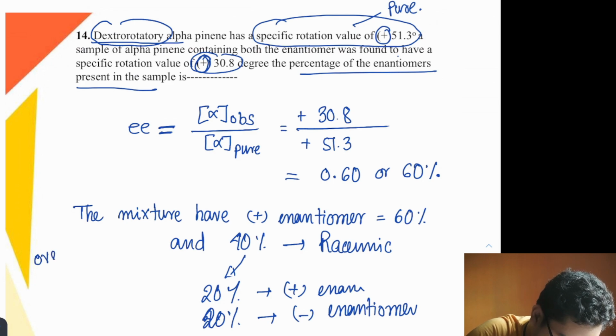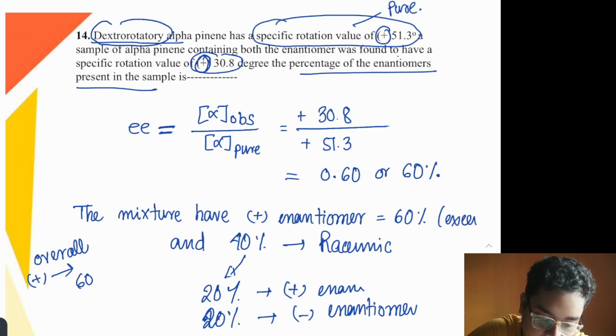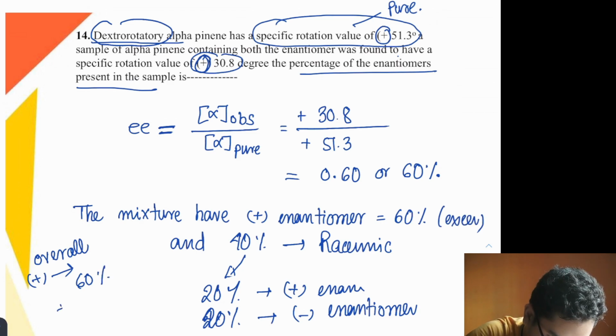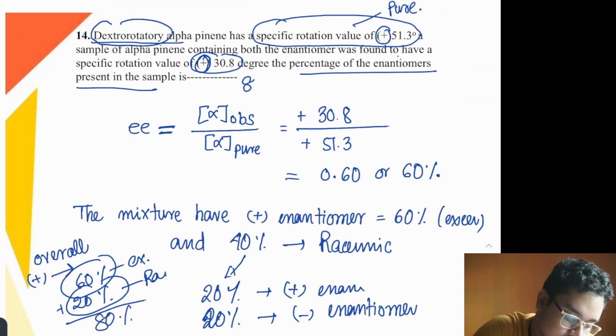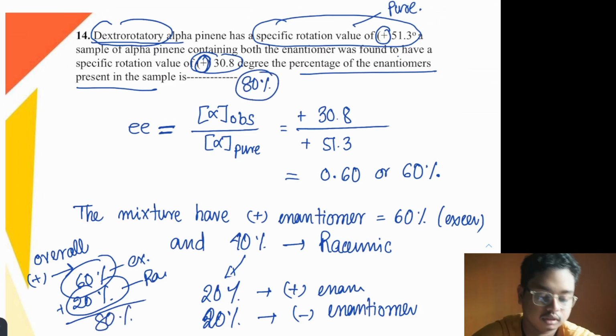So overall, the plus enantiomer will be 60, that is the excess, plus 20% which is formed in the racemic. This will be the excess, and this will be the racemic. So 80%. The answer will be 80%.